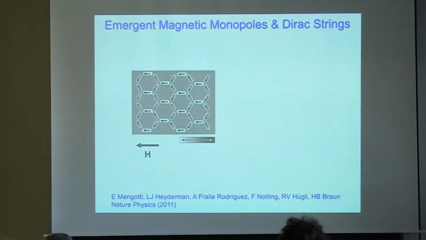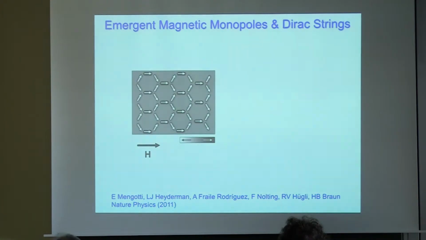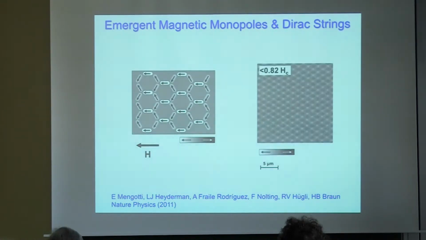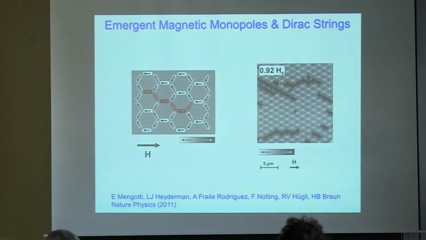Okay, so let's go to the experiment. So here is my array. I apply a field towards the left, reverse the field, and then my magnets will have their moments pointing towards the right. Let me just reset that and show you what the image looks like. Now I apply a small field, and I see my reversal via these strings.